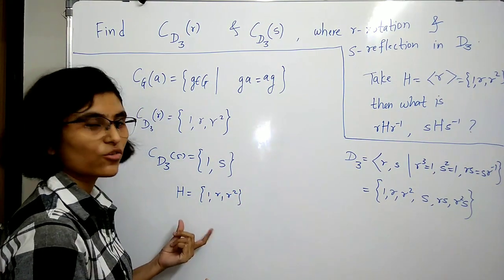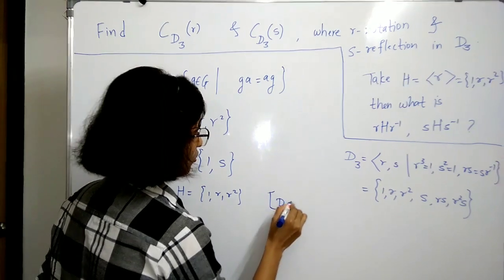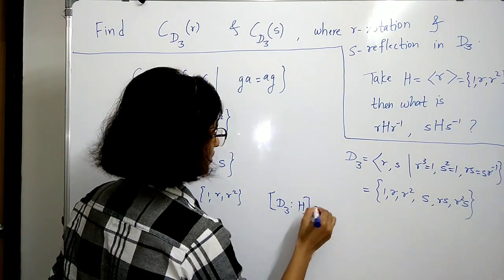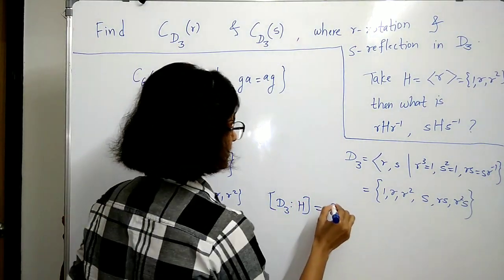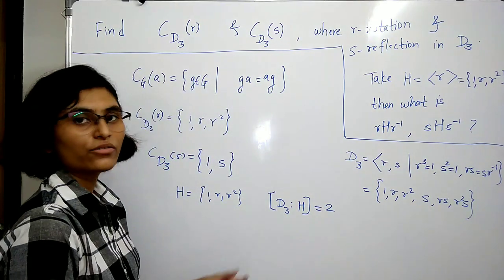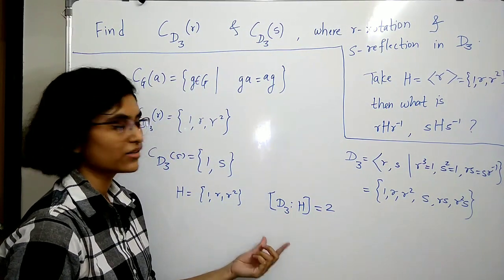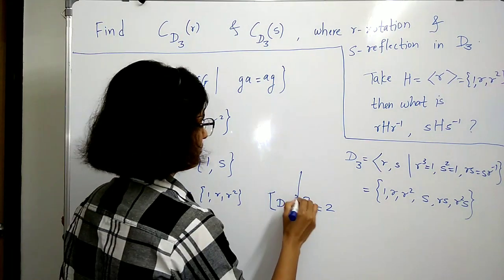Now what is index of this H in D3? So index of H in D3 is just order of D3 divided by order of H. So it is 6 by 3, which is 2, right? So we have index 2 subgroup, right? So H is a normal subgroup in D3.